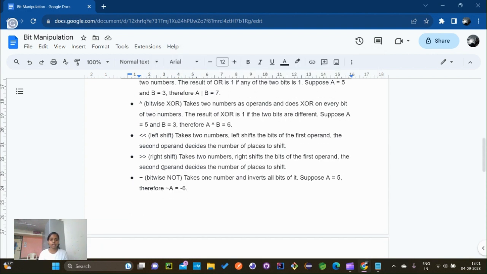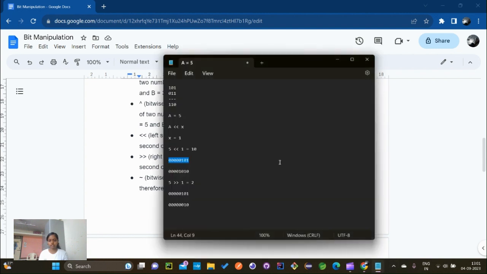The next operator is bitwise NOT. Here also we'll take the same example, A is equal to 5. We're doing not. Not means inverting or flipping all the bits of the binary.